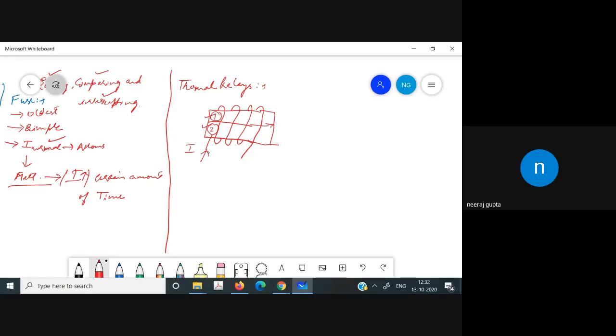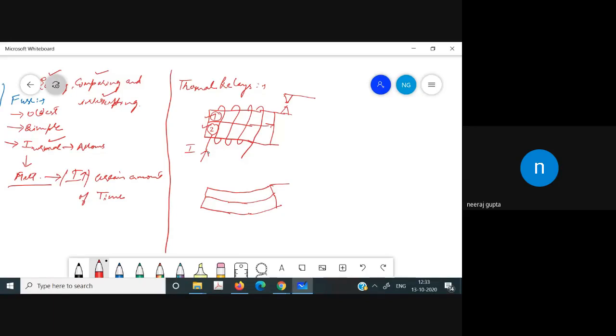So what happens? Whenever the current flows, and if the current is more than the predetermined value, then heat will be generated. Since the second one has the high coefficient of thermal expansion, it will bend more as compared to the first, and we have a trip contact here, connected to the trip contact of the relay circuit.